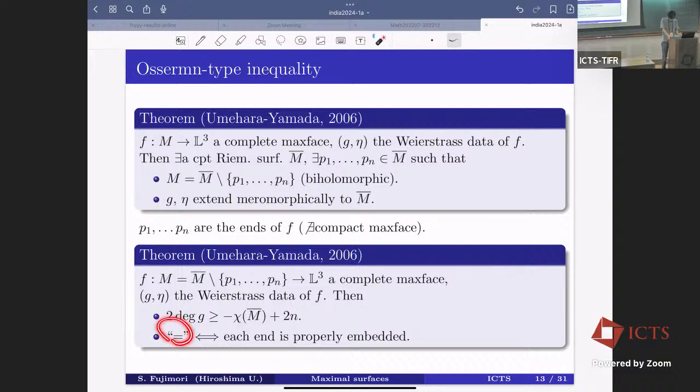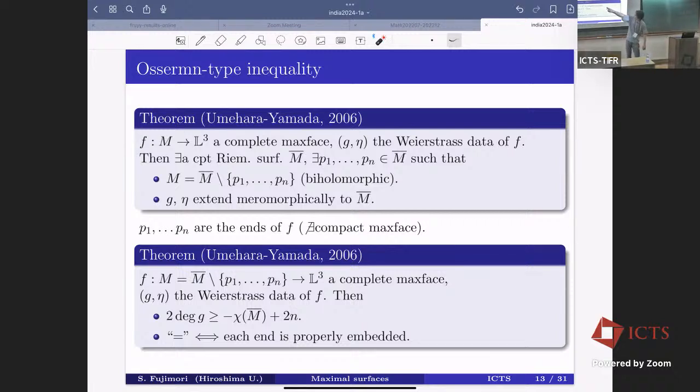And the equality holds if and only if each end is properly embedded. So the point is, in the minimal surface case, we have this kind of inequality, and the equality condition is the same.